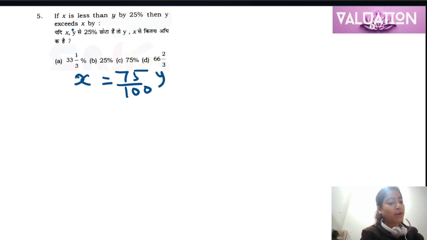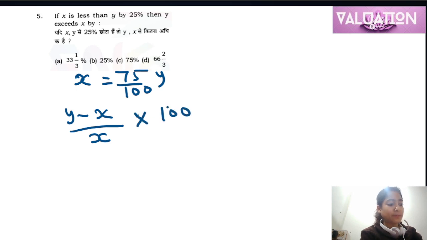Then y exceeds x by what? So we have to find y exceeds x by. We have to put x below because we are finding in respect to x, and here we have to put the difference, y minus x, times 100 because we have to find the percentage.